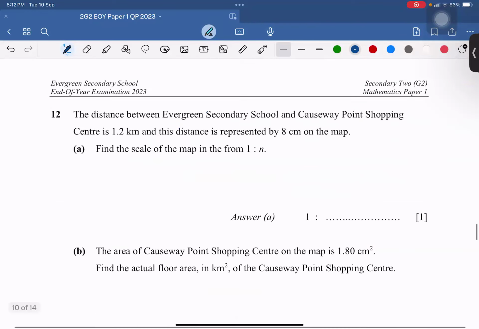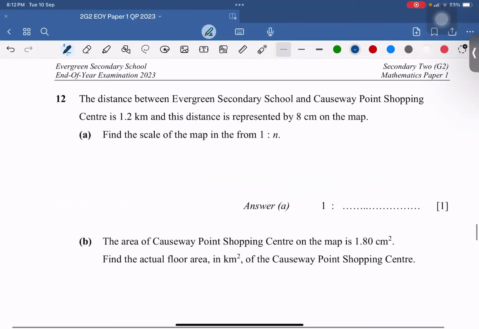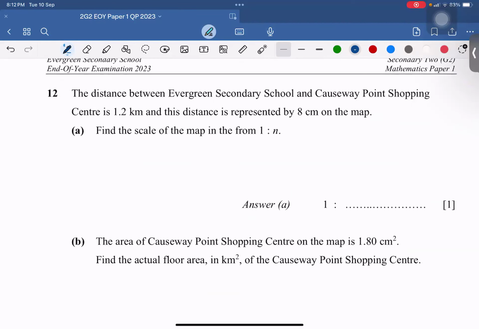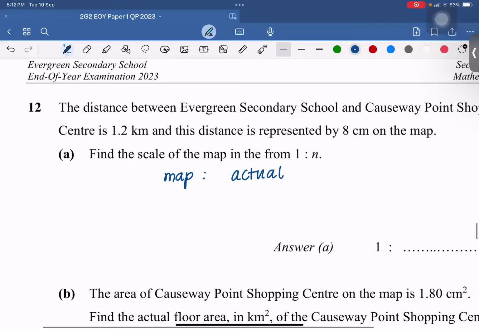Next question. Okay, the distance between Evergreen Secondary and Causeway Point on the scale map is 1:n, right? So we always have map is to actual. Read the data value: 1.2 kilometers, 8 cm.